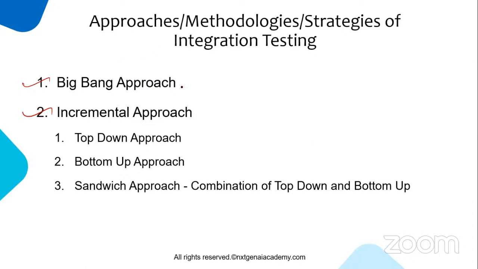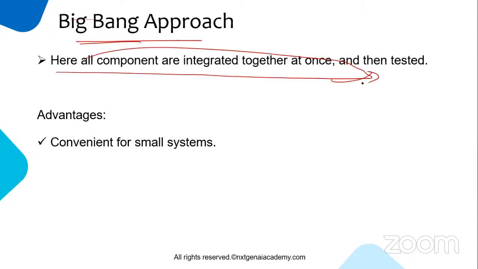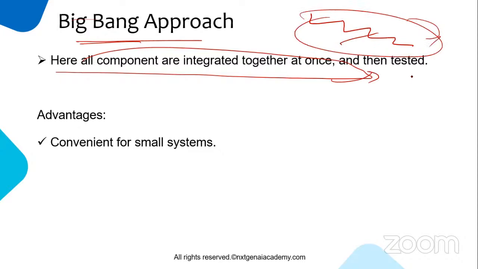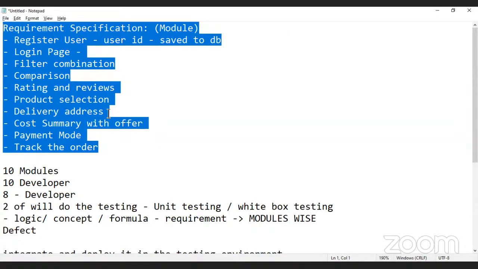Okay, what is Big Bang? What is incremental? Big Bang means all the components are integrated at once and tested. Nothing but the waterfall model. In the waterfall model, we get the whole product and then start the testing. So in this example, they have done all the integration and given it in a single shot.